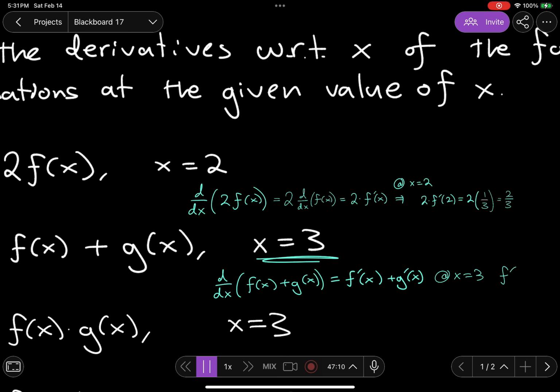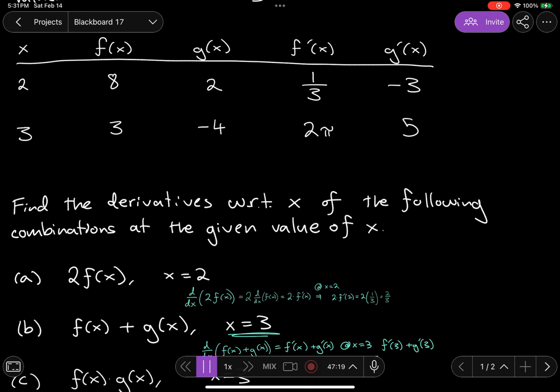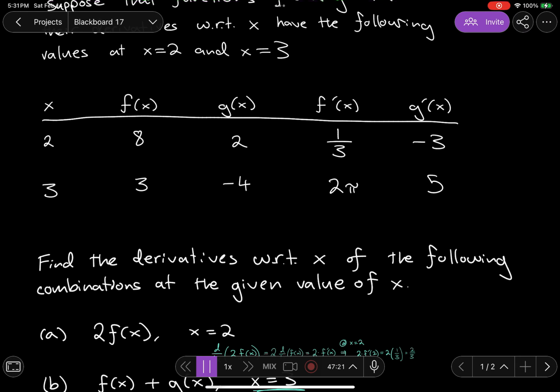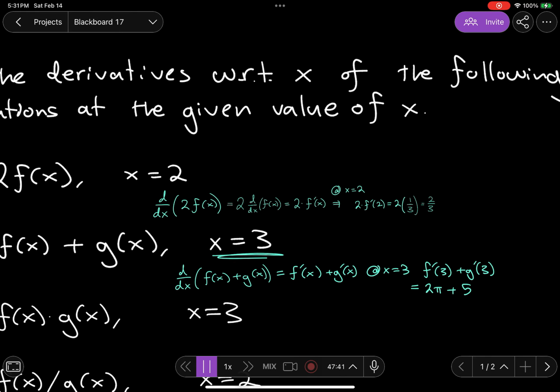That's going to be f prime of 3 plus g prime of 3. But these are both given to us in the chart. F prime when 3 is plugged in is equal to 2 pi. G prime when 3 is plugged in is equal to 5. So we got 2 pi plus 5. Okay, I hope these get a little bit more interesting.